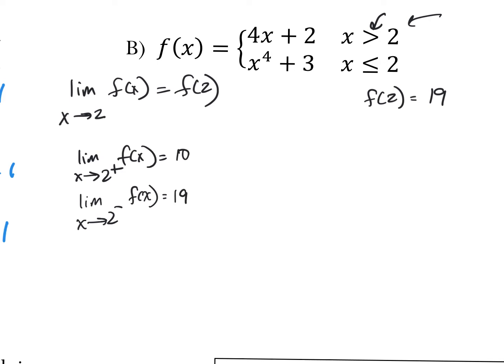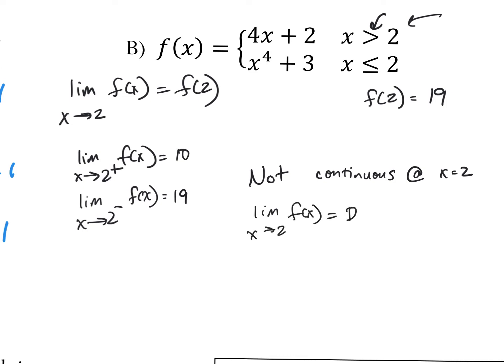So is the function continuous at x equals 2? And if I asked you why? Because the limit as x approaches 2 of the function does not equal f of 2. I'm going to just say it does not exist.